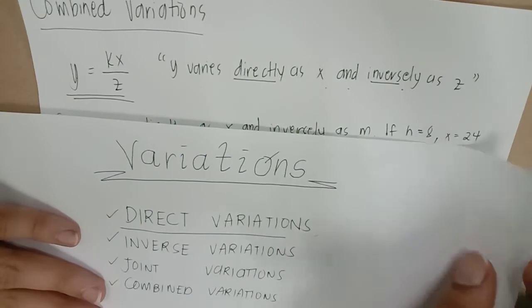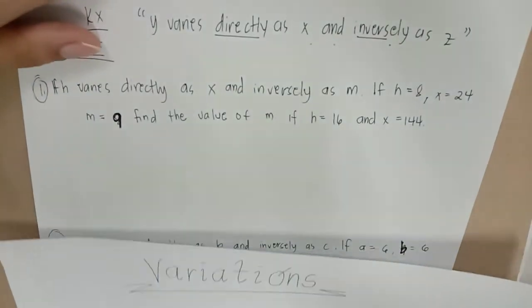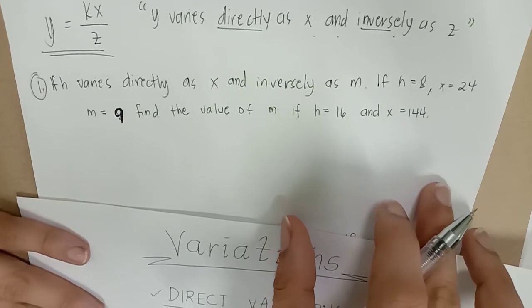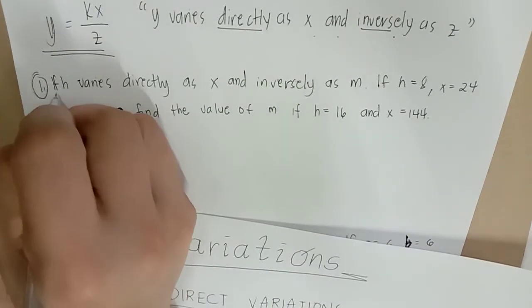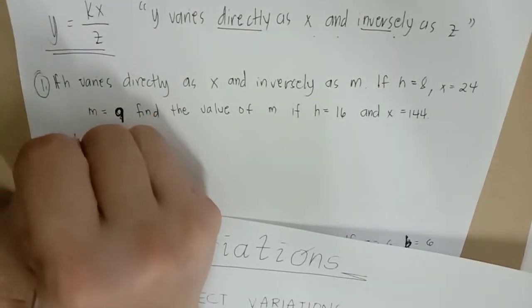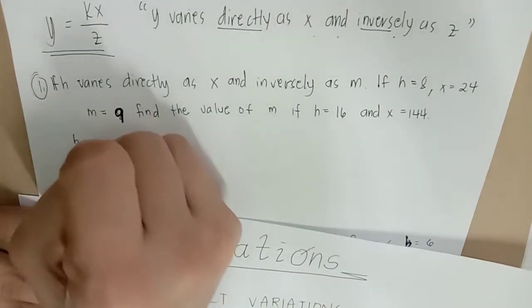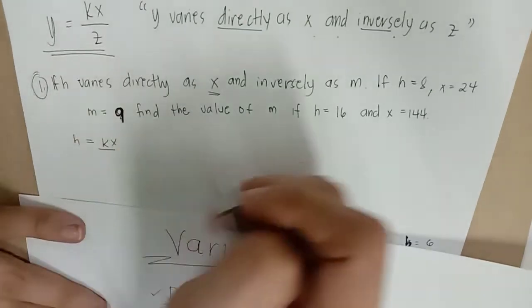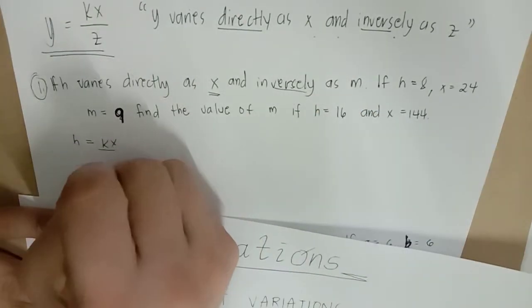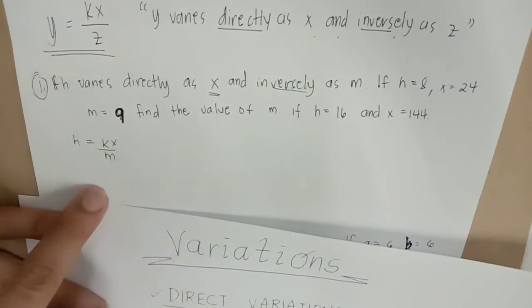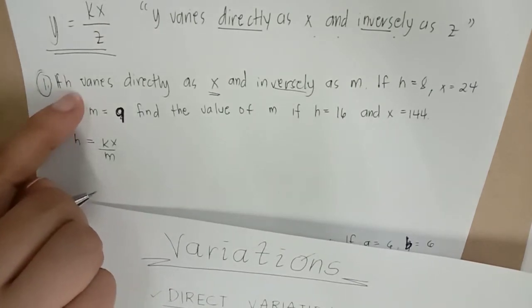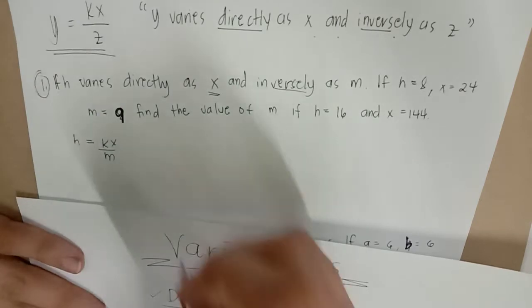Alright? So, let's have an example for that. So, nakikita ba? Alright. So, it is one. So, if h is equals to kx divided by, kasi inversely, m. So, ito po yung ma-create nating formula doon sa mathematical statement natin sa combined variation.